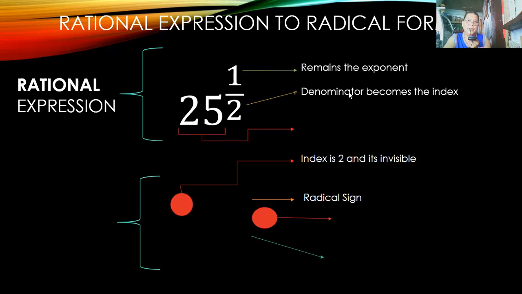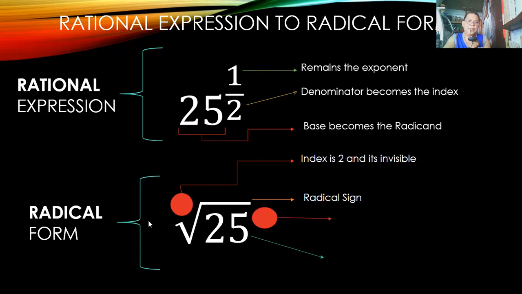The number 2 denominator becomes the index for your radical form. Then the base becomes the radicand. Just like this example, radical form, the radical sign, and then your denominator 2 becomes the index here.